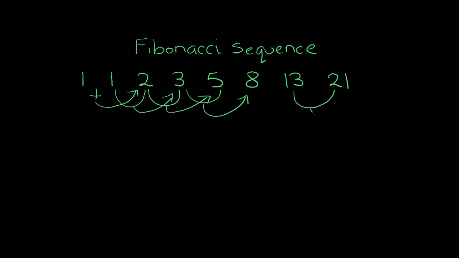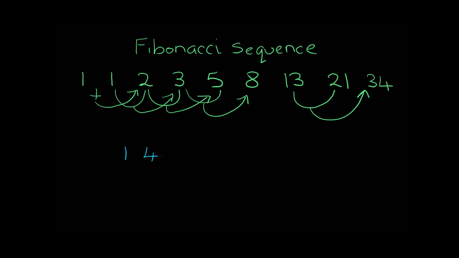13 and 21, if we add those together, will give us the next number in this sequence, which is going to be 34. So here's an example of a Fibonacci-like sequence, which just means that it uses the same rule about how you add the 2 numbers together to get the next one. So let's say our sequence starts with a 1, but then it has a 4 next.